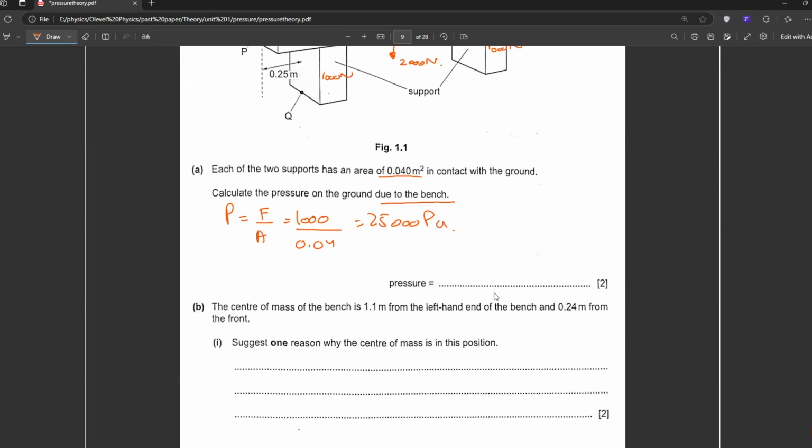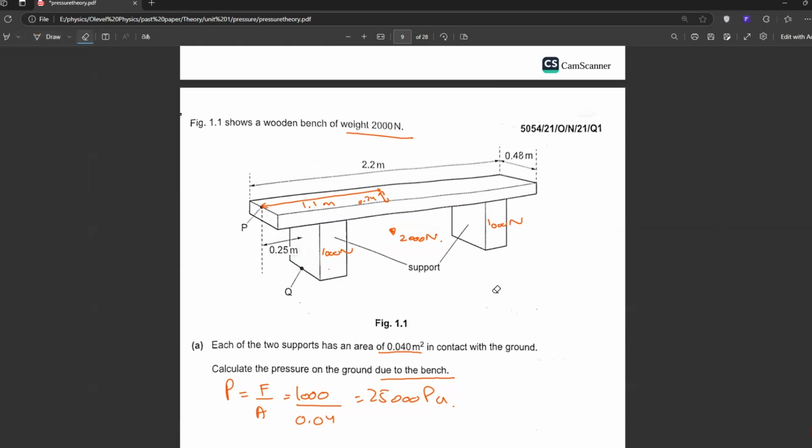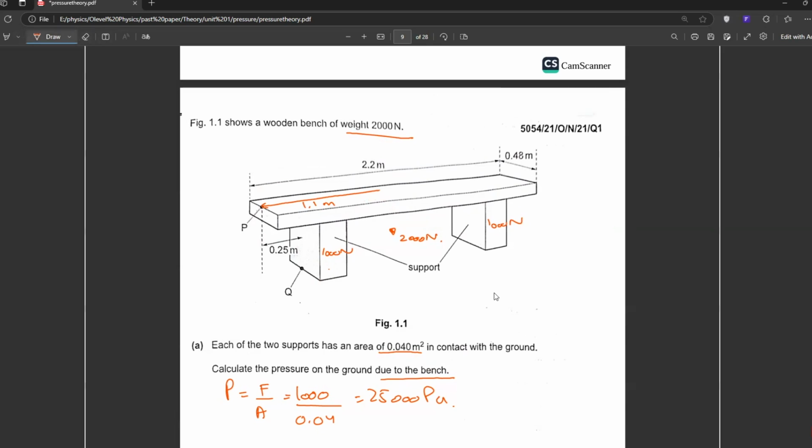The center of mass of the bench is 1.1 meter from the left hand of the bench and 0.24 meter from the front. So the center of mass is, let's say, 1.1 meter from here and 0.24 meters from the front. Basically, if it is from the front, I should have marked it from the back side.